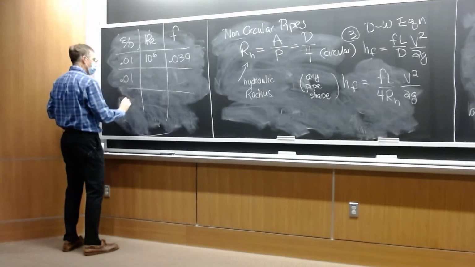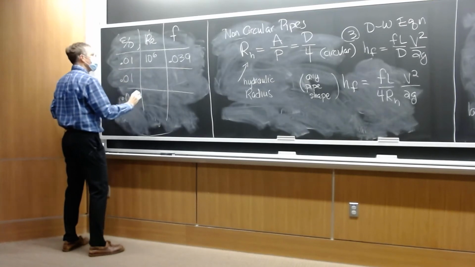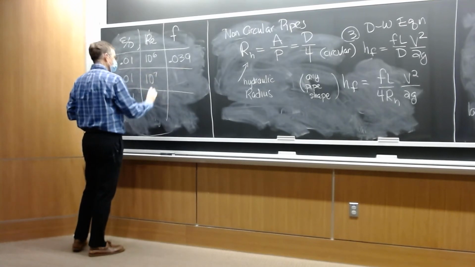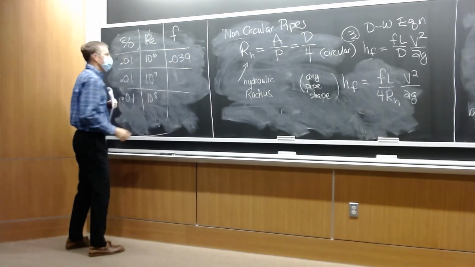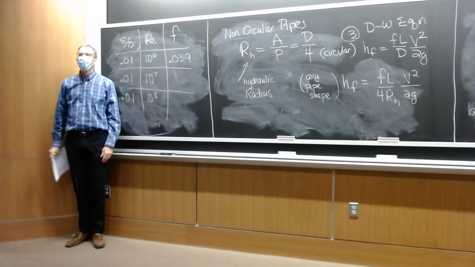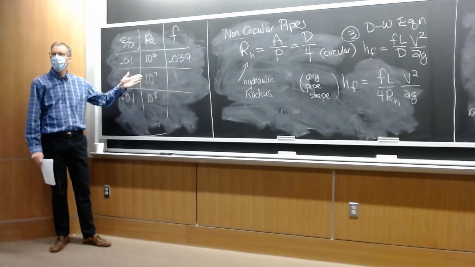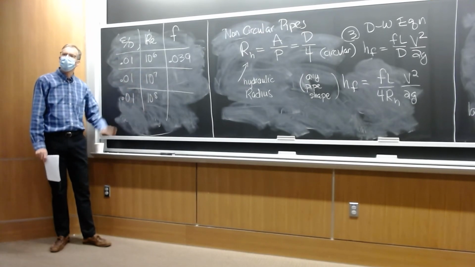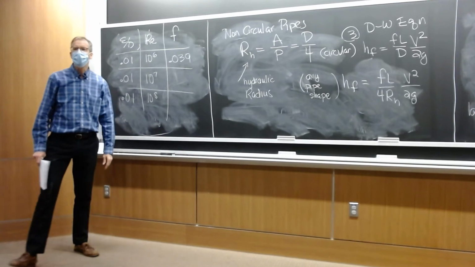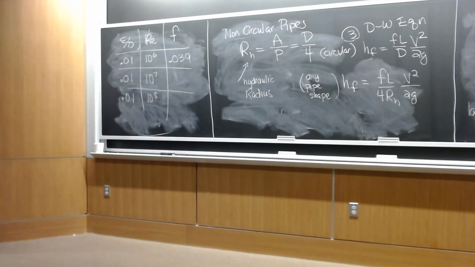Now, just to make a point, what happens if we raise the Reynolds number by a factor of 10 from there, and then a further factor of 10 from there? What do we see? Basically nothing. No change.